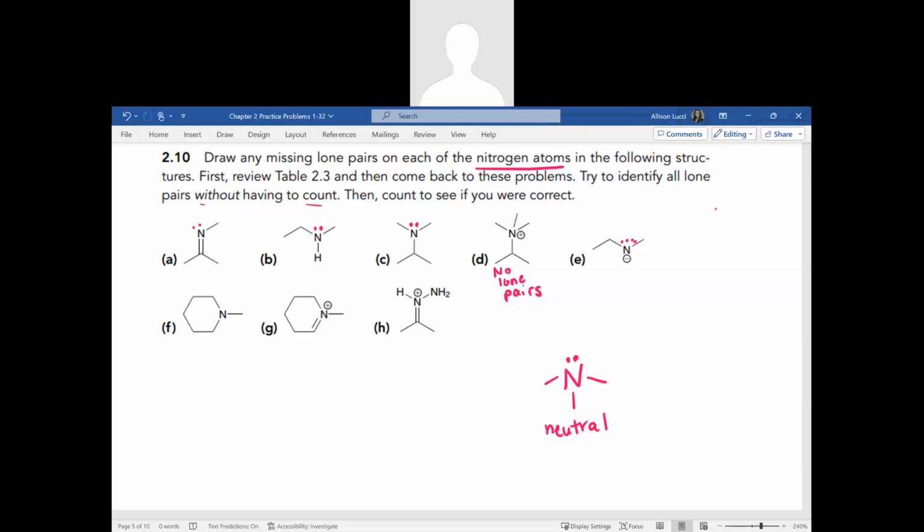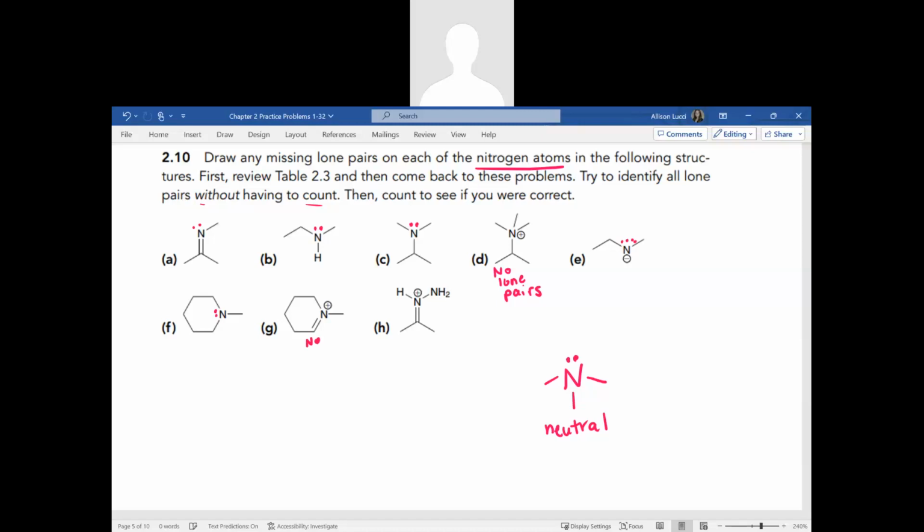Compound F, we see our pattern emerge again. So we see 3 bonds, and that would indicate that we need 1 lone pair for nitrogen's full octet. Compound G, we see again a +1 formal charge. So those 4 bonds are filling the octet.